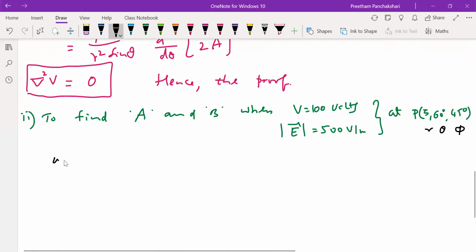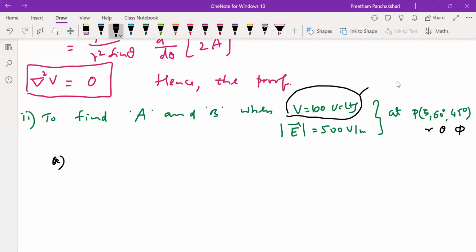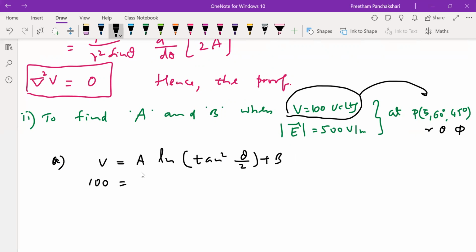In this one, let us take the first part. Let us make use of the value of V, which is 100 volts at this point. So we have an equation for V given in the problem itself: A ln of tan square theta by 2 plus B. So now we can substitute V as 100.